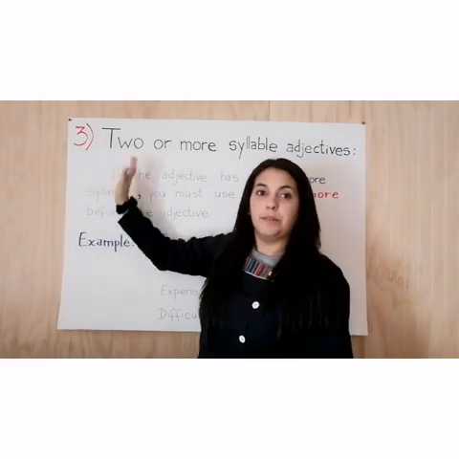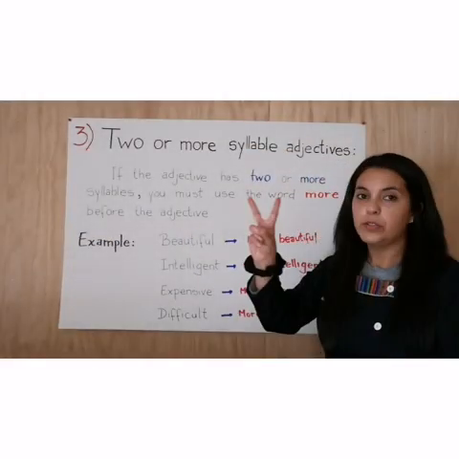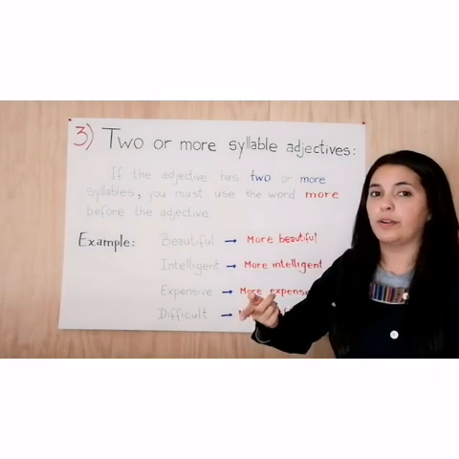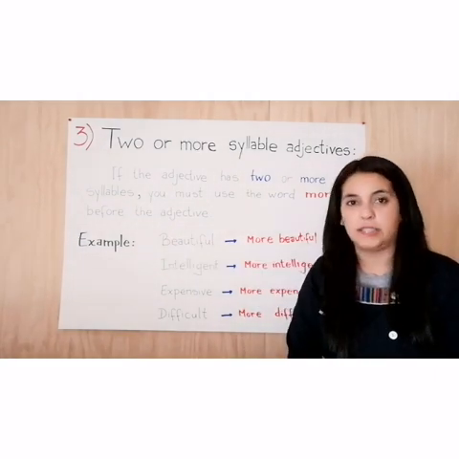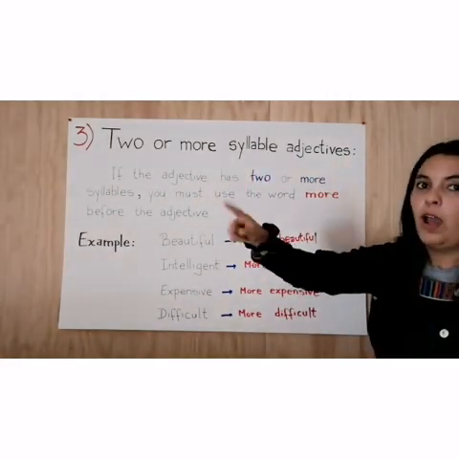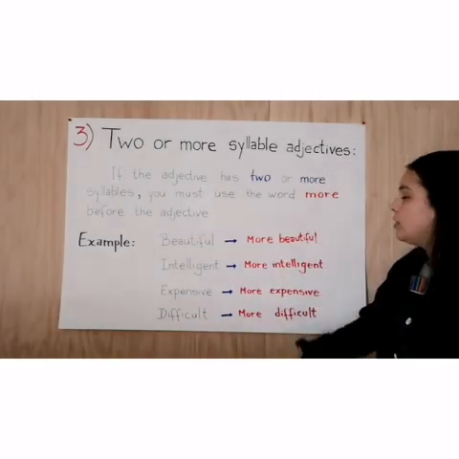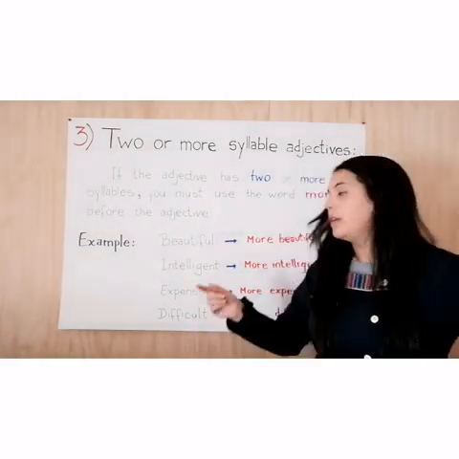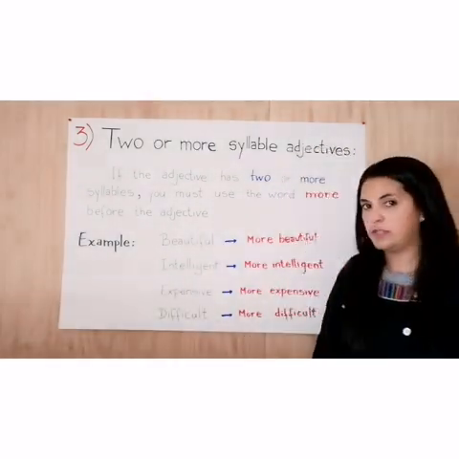This is the last but not least rule. Number 3, two or more syllable adjectives. These are long adjectives. If the adjective has two or more syllables, you must use the word more before the adjective.